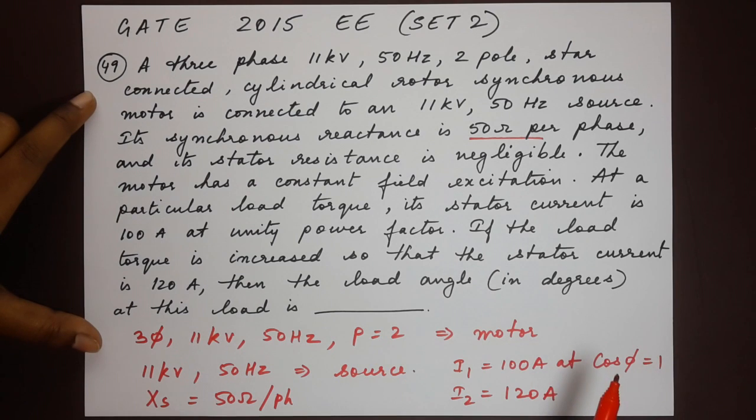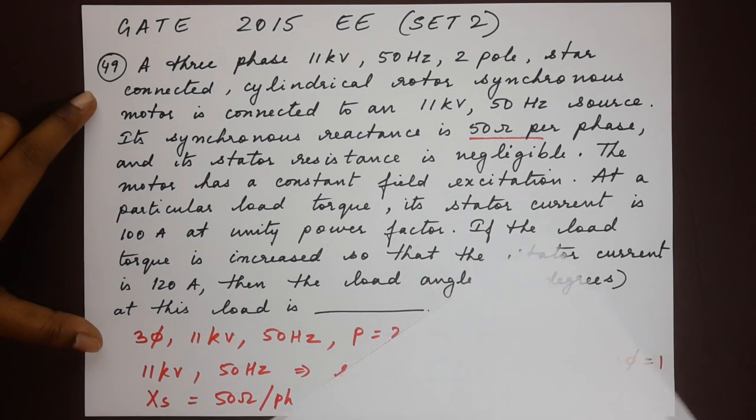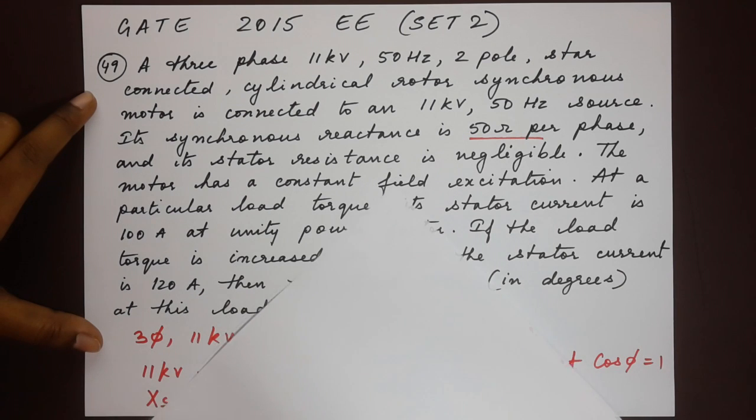Now since we are to find out the load angle, we need to work the problem out in polar coordinate form, and it is very important that we be careful with all the formulas that we are going to use. So the first step, we are going to start with the excitation formula. The question says that the motor has a constant field excitation, so we are going to start with that.